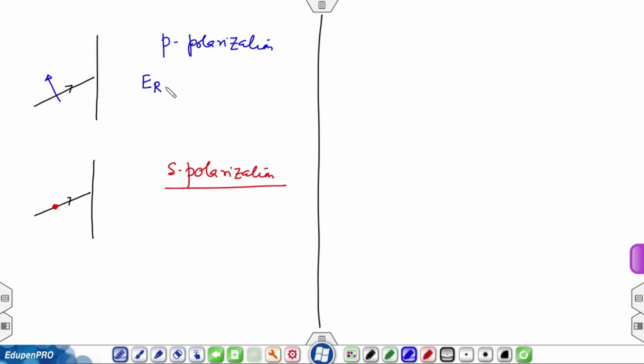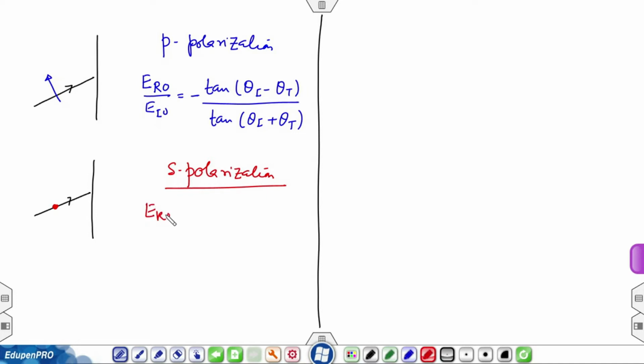Then E_r0 divided by E_i0 was tangent of (theta incident minus theta transmission) over tangent of (theta incident plus theta transmission). I had a negative sign in front here, and for S polarization, E reflected 0 by E incident was equal to sine of (theta transmission minus theta I) over sine of (theta t plus theta I).